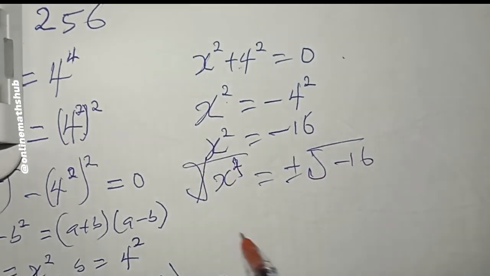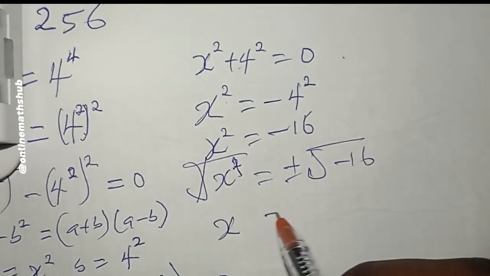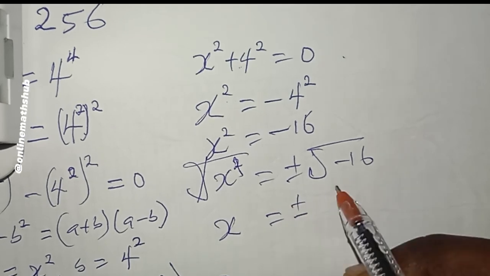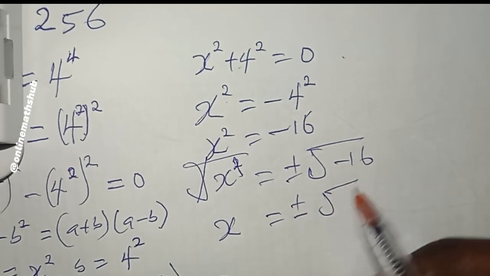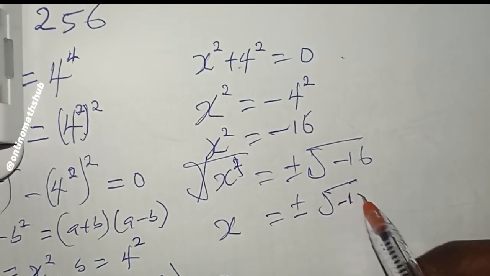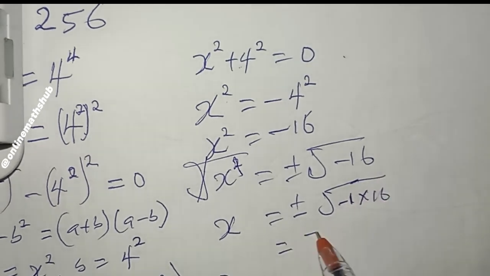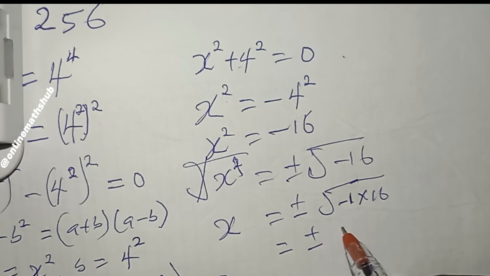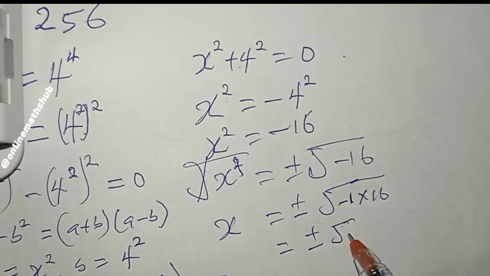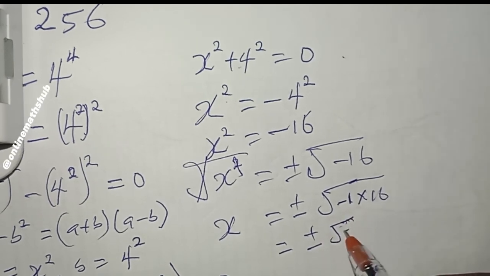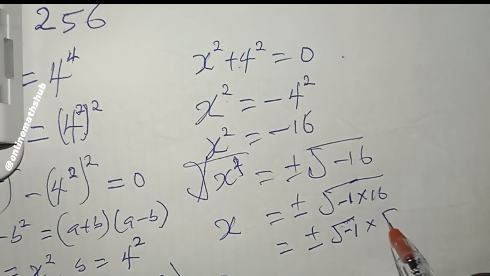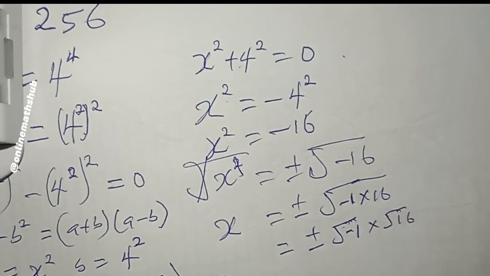These two cancel, and x is equal to plus or minus the square root of negative 16. I can write negative 16 as negative 1 multiplied by 16, so this can also be plus or minus the square root of negative 1 multiplied by the square root of 16.